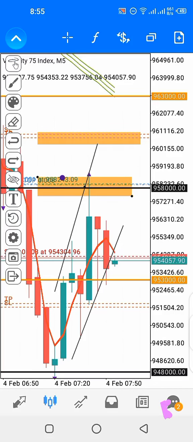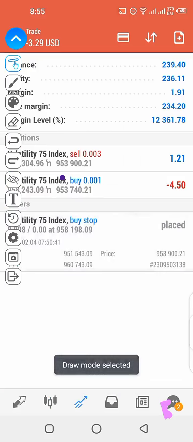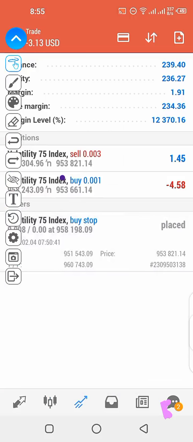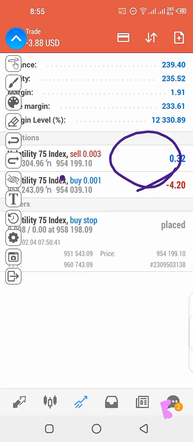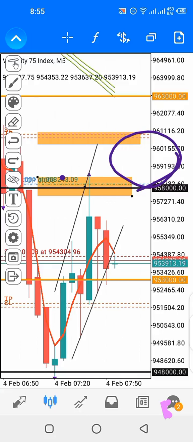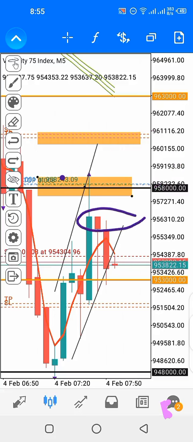So a critical resistance level, it's our pending order. It can be triggered any moment from now if price goes up, or we can have a break even and a close of these two running trades.